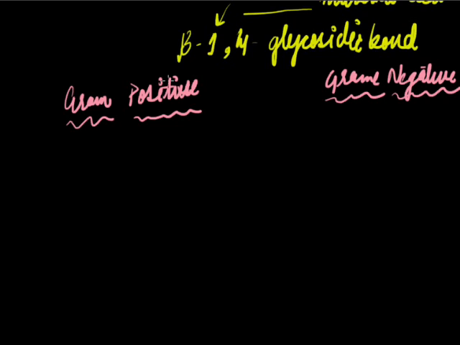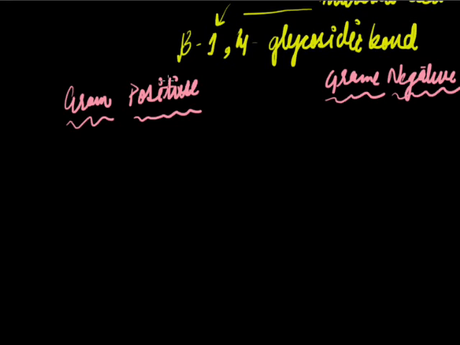Gram-positive bacteria were purple in color because they were able to retain the stain. But gram-negative bacteria were not able to retain the purple stain, and when counterstained, they acquired the red color.